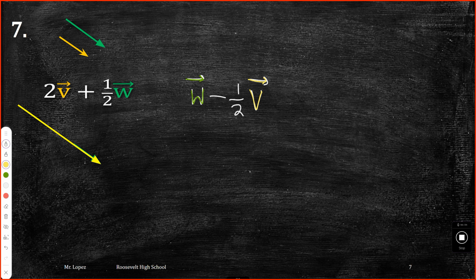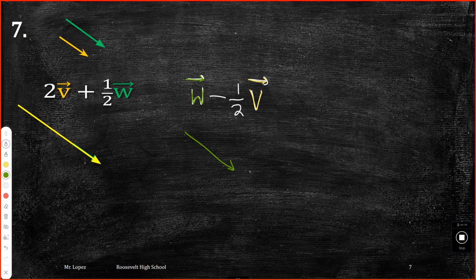You got everything, Aiden? All right, so you guys got w. I can't draw exactly the same over here.